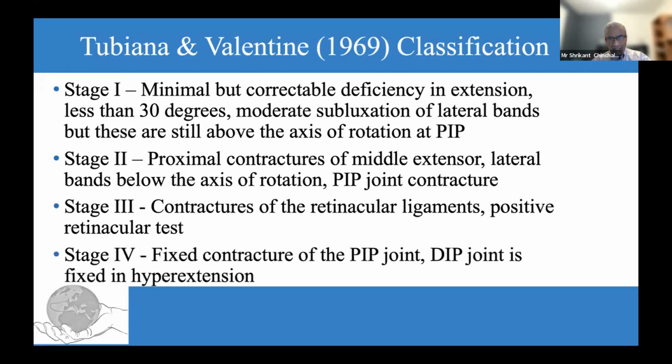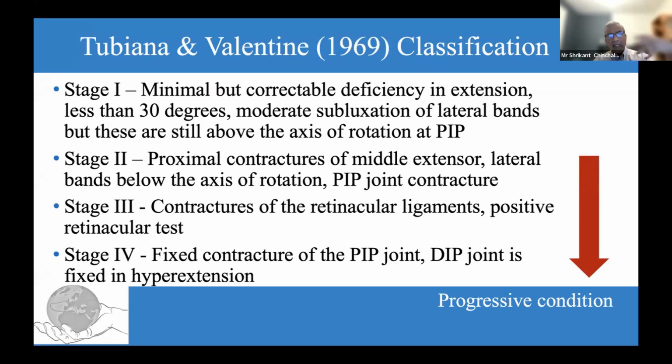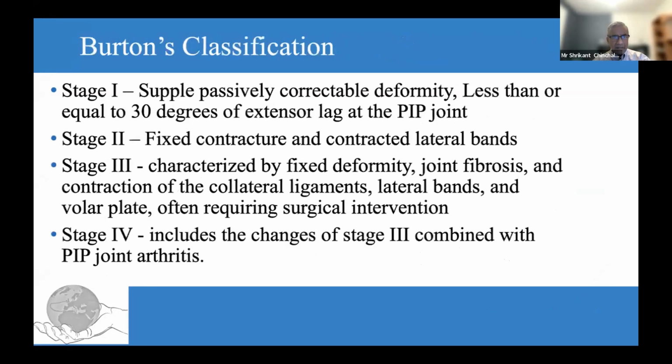And if still not managed for a certain length of time, then patients will end up having fixed flexion contractures of the PIP joint and DIP joint hyperextension contractures with severe adaptive shortening of numerous anatomical structures. So Tubiana and Valentine identified that Boutonniere deformity is a progressive condition and therefore must be paid attention to right from stage 1 or later stages.